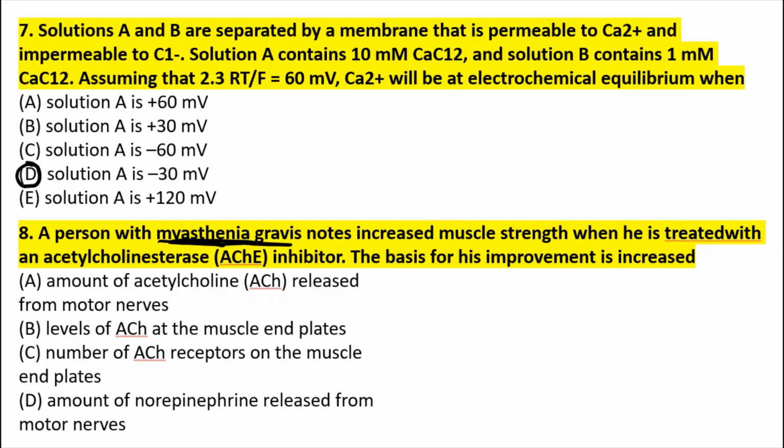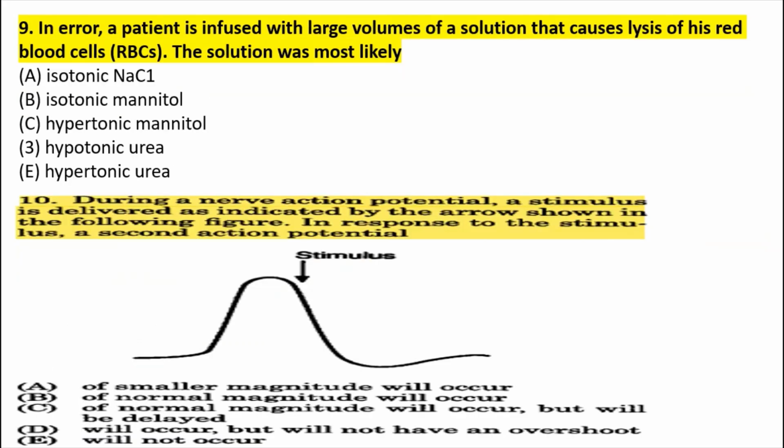B, levels of acetylcholine at the muscle end plates. Yes, so there are increased levels of acetylcholine at the muscle end plates. That's why there is increased muscle strength in myasthenia gravis.